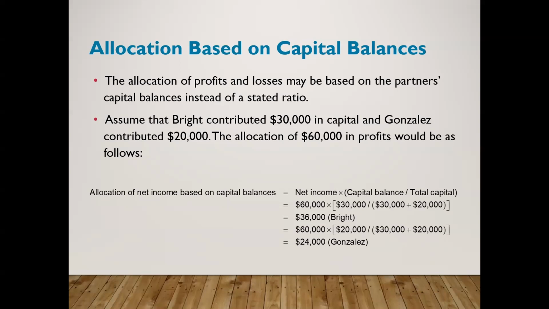So allocation based on capital balances uses the ratio of the partner's balance to the total capital. The allocation of net income based on capital balance is equal to net income times capital balance divided by total capital.